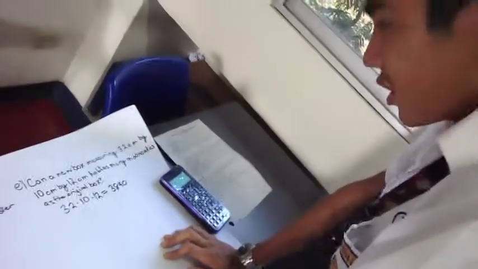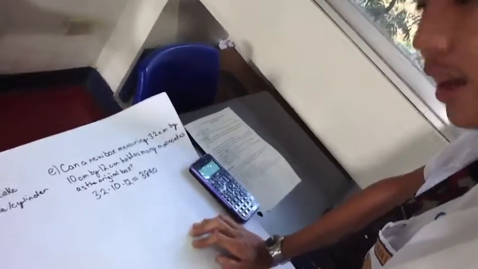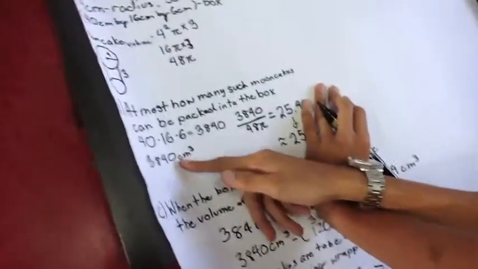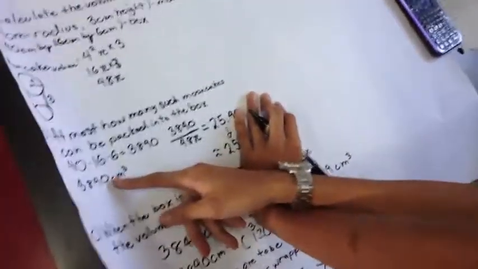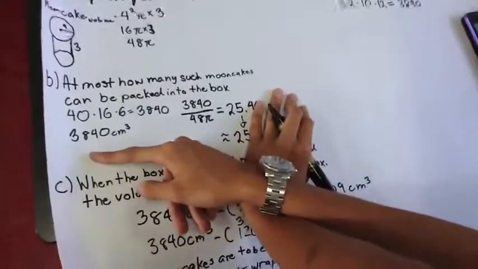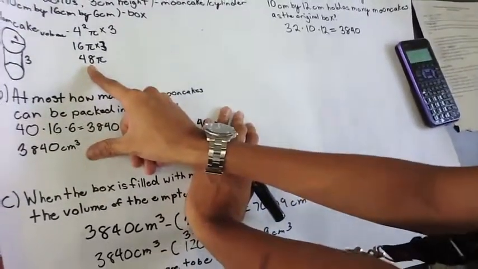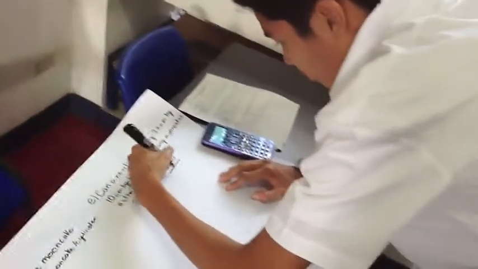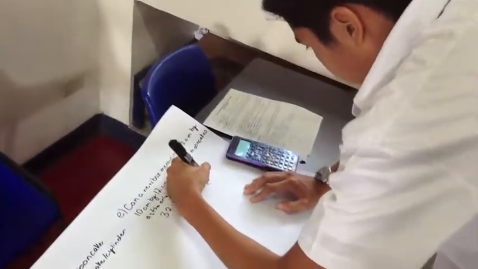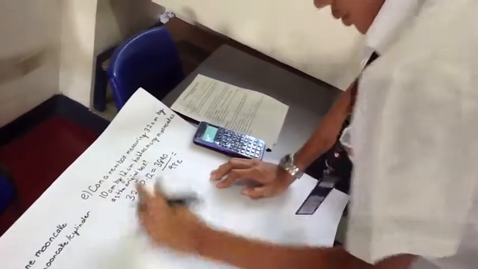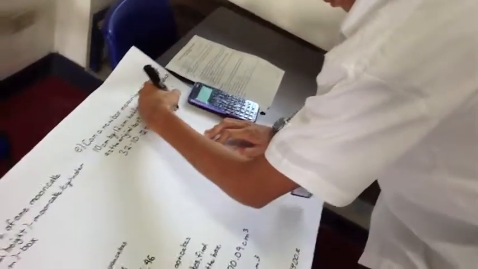That's the same volume as the original box. So basically, if we divide that by the same volume of the cylinder, 48 pi, it will just equal the same, which is 35.46.